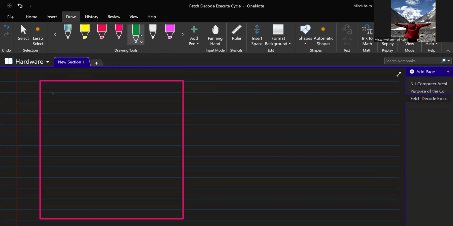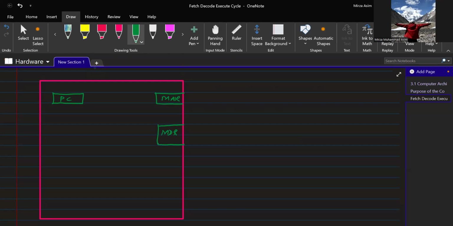These are the registers: the program counter register, right? And this is the MAR register, memory address register, right? And then we have the MDR register, memory data register.